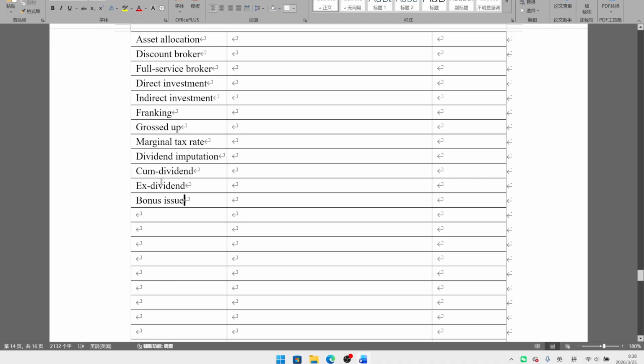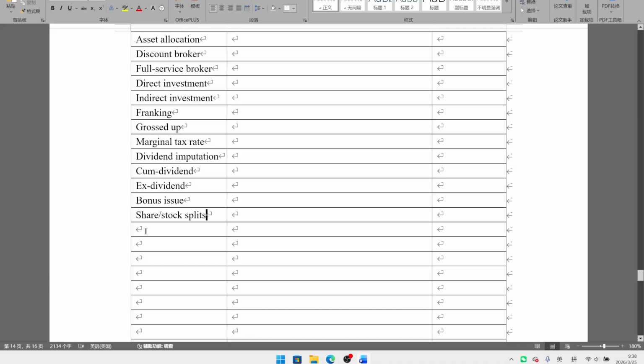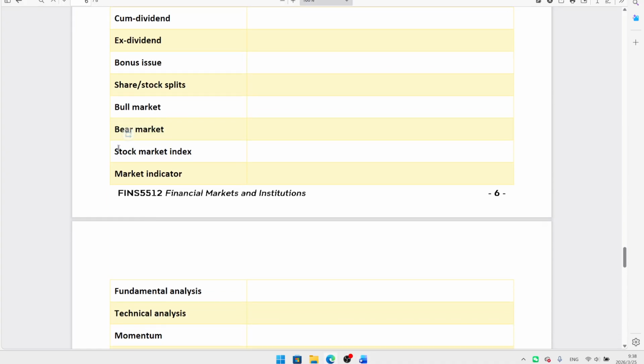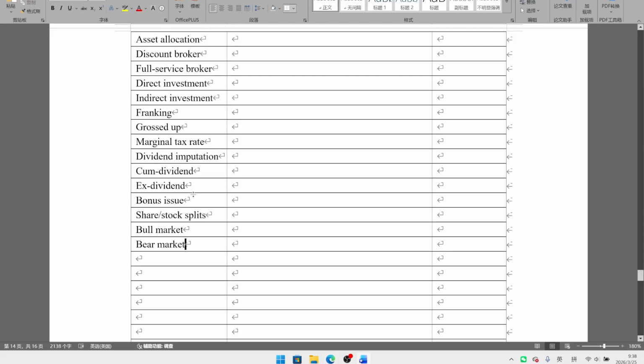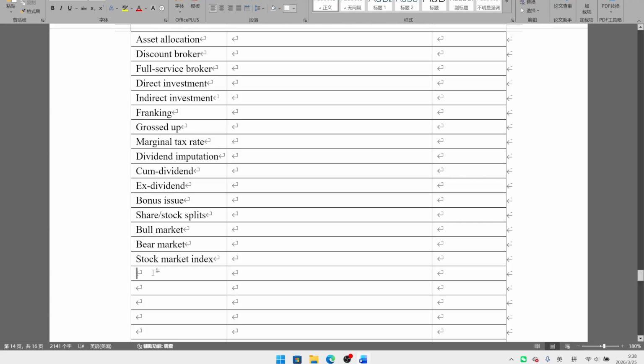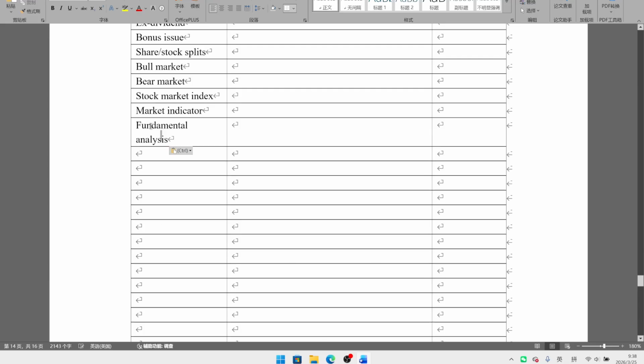Do you remember the splits in 5546? It's weird. Bear market, bull market, stock market index, market indicator, fundamental analysis, and then technical analysis.